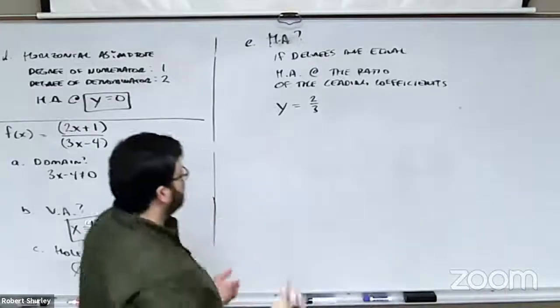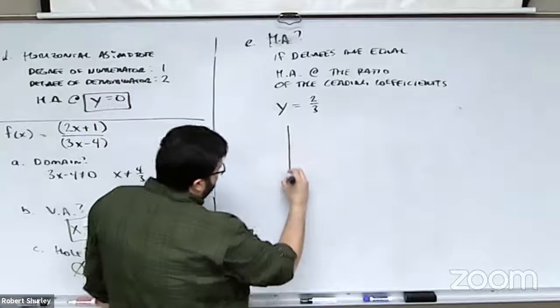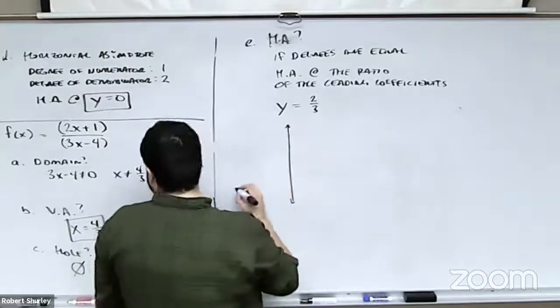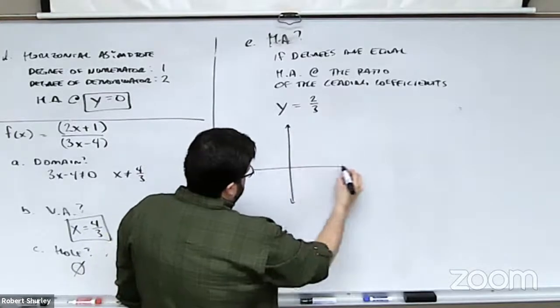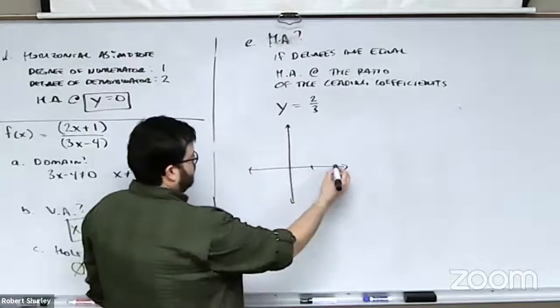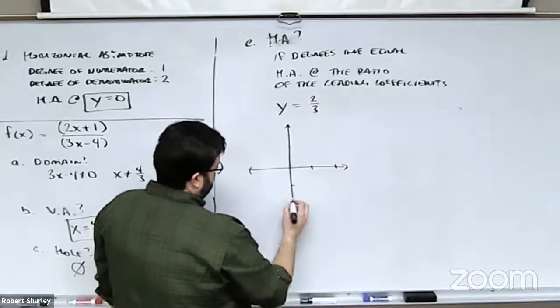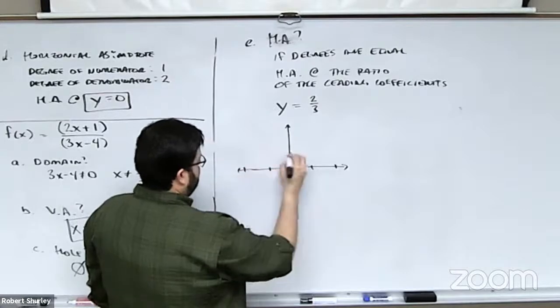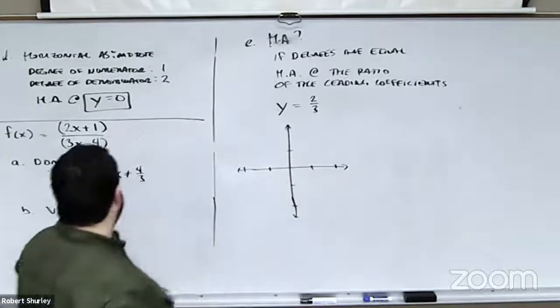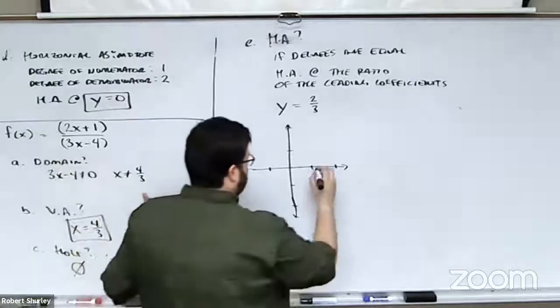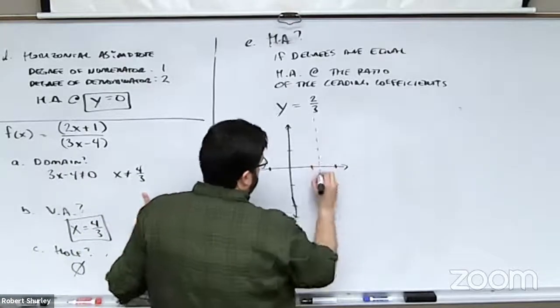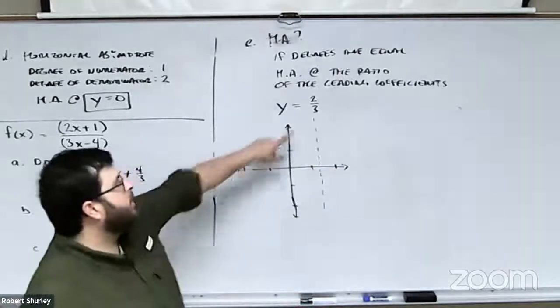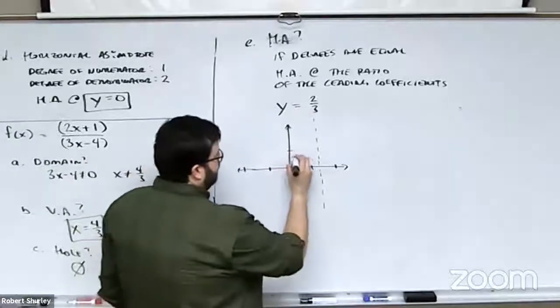Kind of cool. So if we were going to graph this, we've got a vertical asymptote at 4/3. That's like 1 1/3, about right here. We've got a horizontal asymptote at 2/3, about right there.